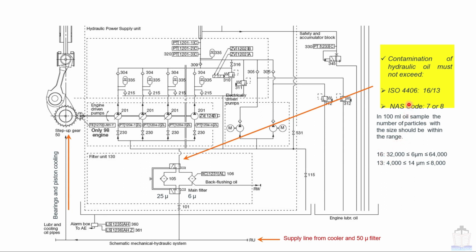That means as per 4406-16, the number of 6 micron particles should be between 32,000 and 64,000, and as per 4406-13, the number of 14 micron particles should be between 4,000 and 8,000. So this is the standard requirement as per the ISO for this hydraulic oil. This criterion will be met by this automatic filter.